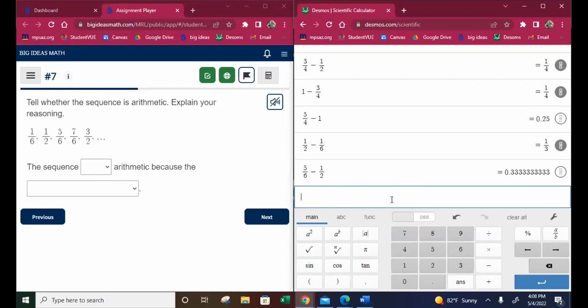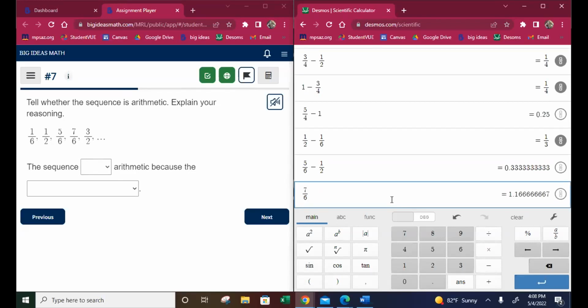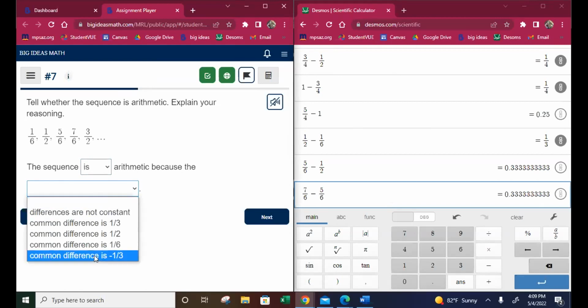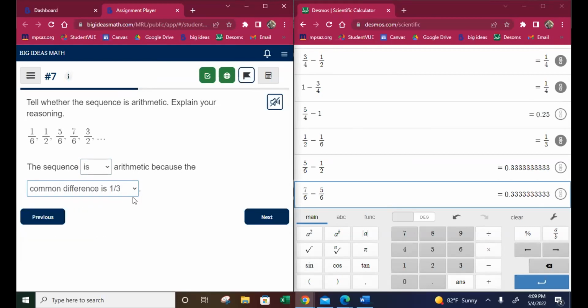Maybe do one more, 7/6 minus 5/6. And 3 is probably enough. So no, it is not. Sorry, it is arithmetic, and then the common difference is... Sorry, I saw something different at first.